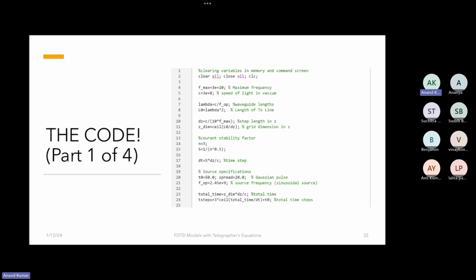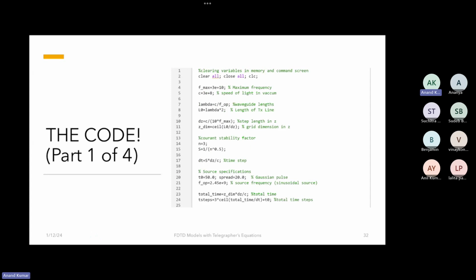Okay, so your question is what happens if we have PEC or PMC instead of a matched layer, right? Yes, on the boundaries of the bounding box.